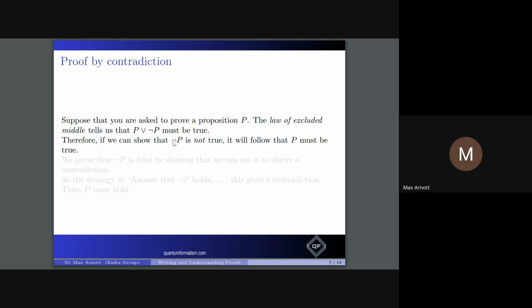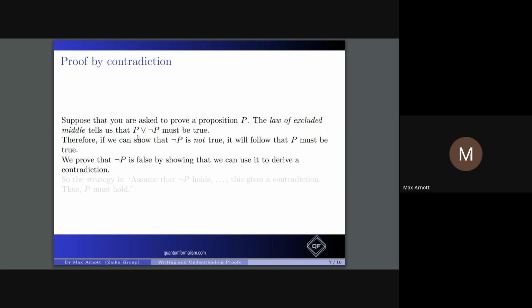So if we can prove that the negation of P is not true, it must follow that P is true, right? Because if I can show that there isn't not a blue car parked outside, then it must mean that there is. It all sounds very simple, but it's good to know how these things are fundamentally built up.